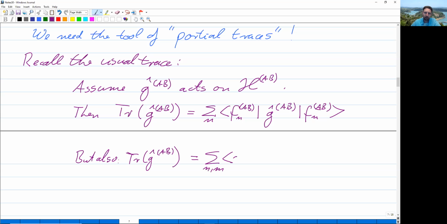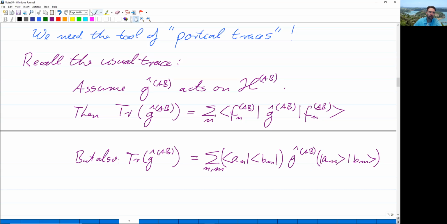And then we write the basis vectors that come from the subsystems. Remember, these guys are basis vectors as well for the big system's Hilbert space. Acting on G hat of AB. And then again, here we have an and bm. I will later drop those big brackets there. Okay, so this is the usual trace.